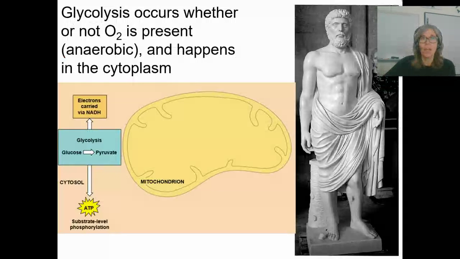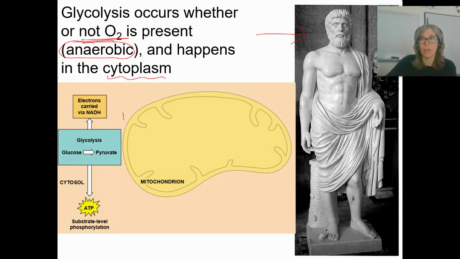I'll tell you someday. Okay, glycolysis occurs whether you have oxygen or not. It doesn't need oxygen, so it is anaerobic. So you need to know that anaerobic means no oxygen. And it happens in the cytoplasm. So I have this really old dude here because I want you to remember that glycolysis is ancient. It's present in every life form on the planet.